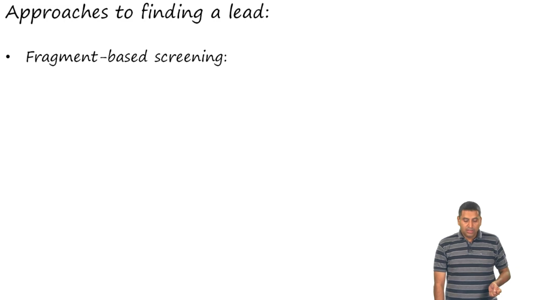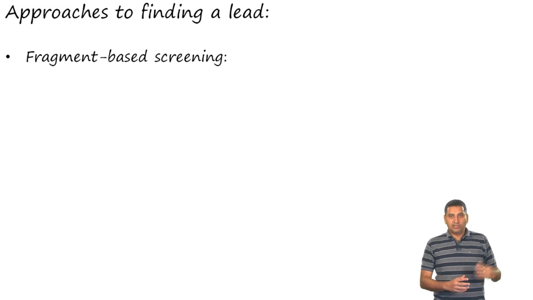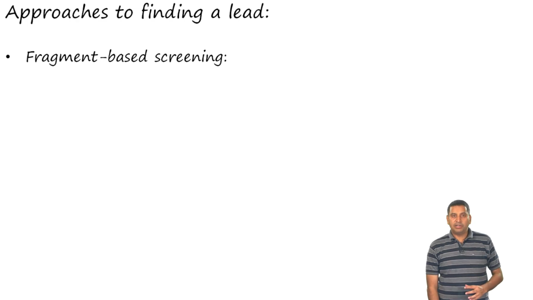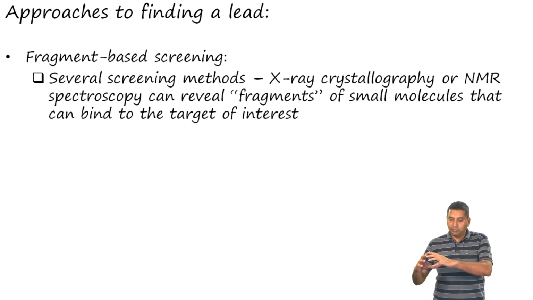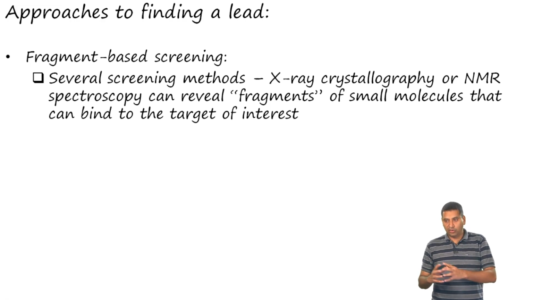Okay. Now, an alternate approach, somewhat related to the targeted screening that I mentioned, is called fragment based screening. So, in fragment based screening, what typically happens is that there is prior knowledge of the structure of the protein or receptor, and what we do is we look for domains of the protein which are functionally important.